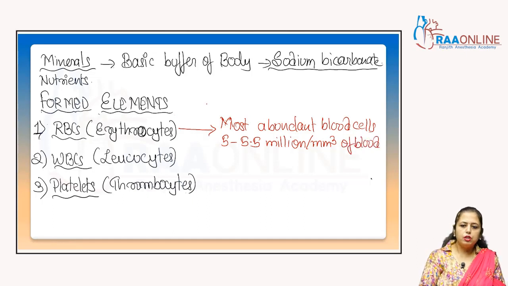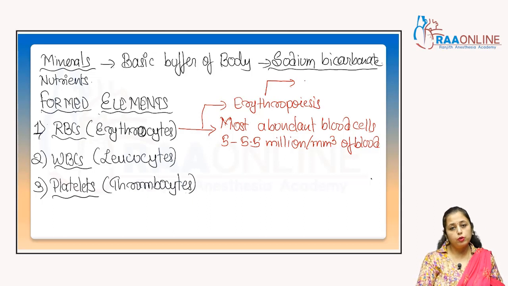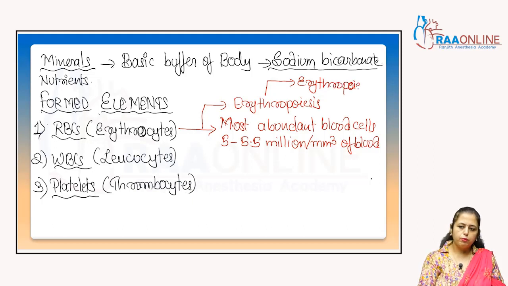The formation of RBC is known as erythropoiesis. For erythropoiesis, a hormone is necessary, that is called erythropoietin, right? The hormone which is necessary for the formation of RBCs is erythropoietin, clear?